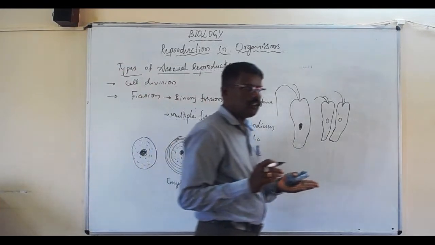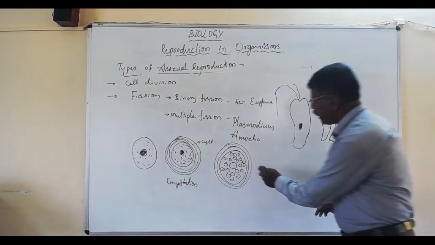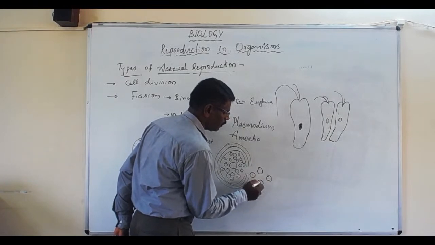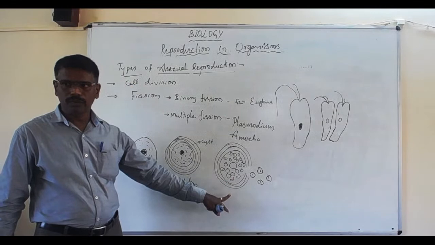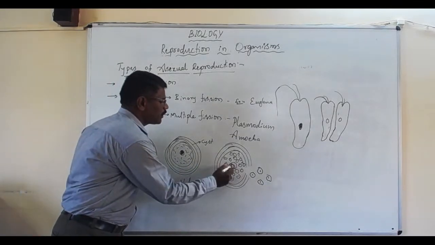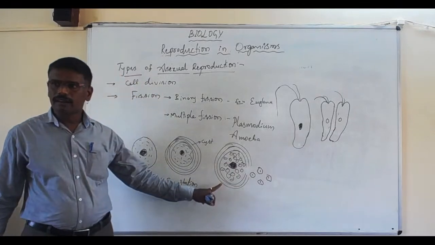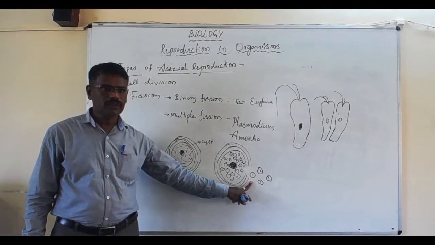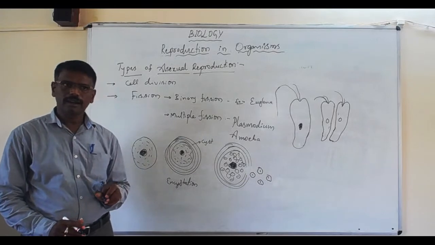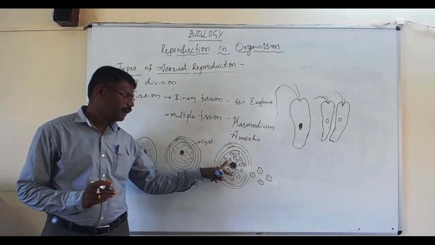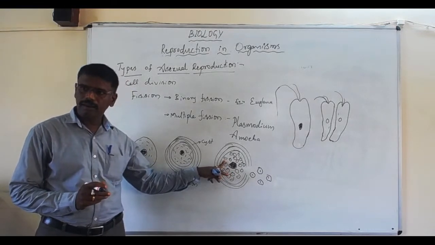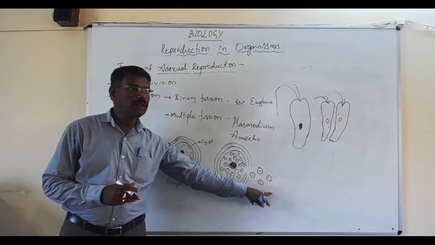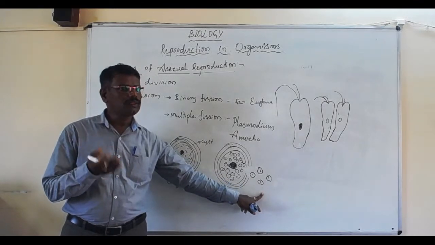Once the favorable condition arises, the cyst breaks down automatically and the new organisms are released. The entire living material leads to a number of spores being produced. So the amoeba divides to produce a number of organisms, which grow as new individuals when the favorable condition returns.